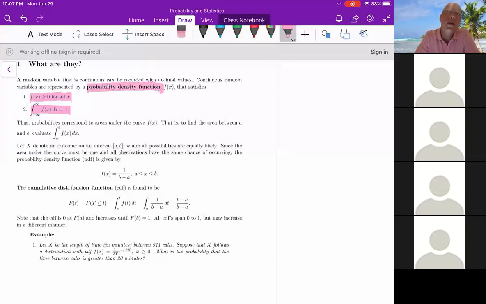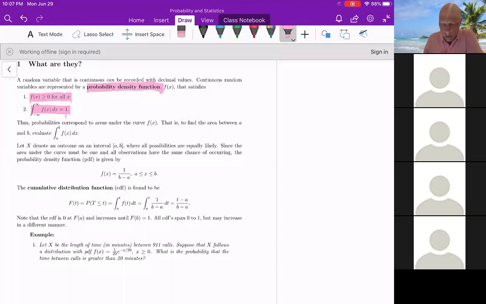From calc, I assume it's calc 2 for you guys, what does the integral correspond to? What concept? Area under the curve. So that means that the area under a probability density function or a probability distribution function must be 1.